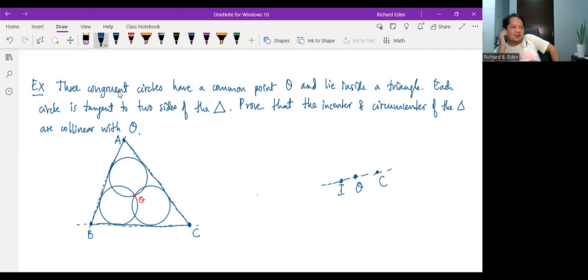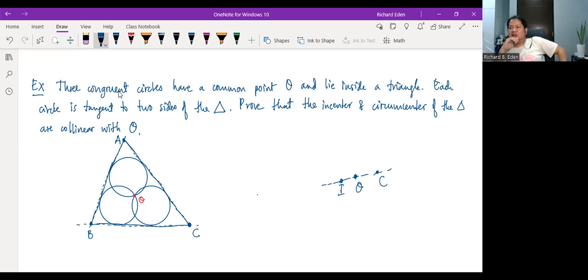Well, I suppose it's possible to prove this without a homothety, but if we're going to prove it by homothety, there has to be a center of the homothety. So what center of homothety are we going to use? We have three points: is it a homothety centered at I, at O, or at C?